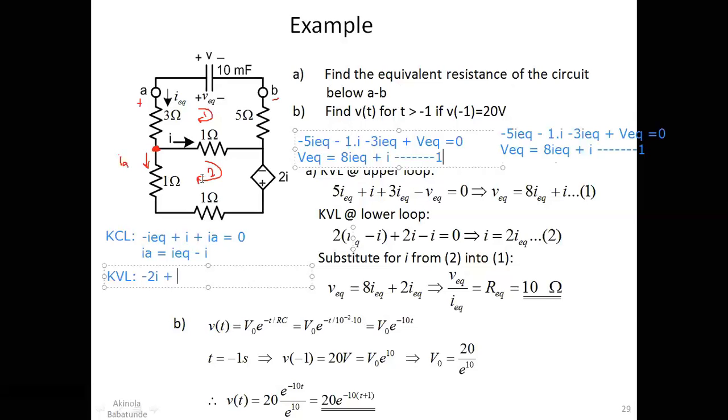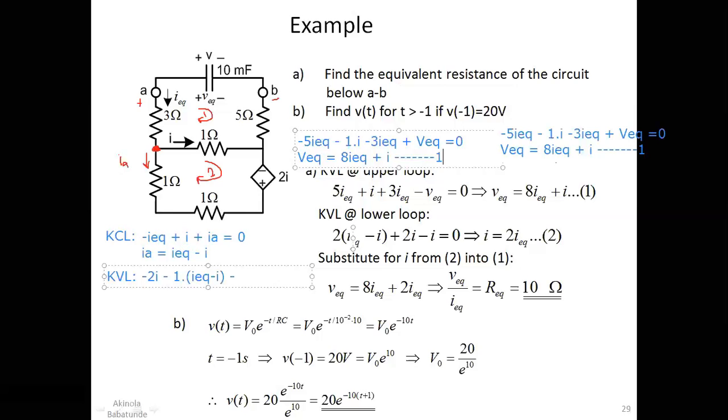So we have minus 2I minus, this time it's minus instead of plus because it's against that current, minus that resistance 1 multiplied by the current passing through the 1 ohm. We found it to be IA, and we know our IA is IEQ minus I, so you can call it IEQ minus I.